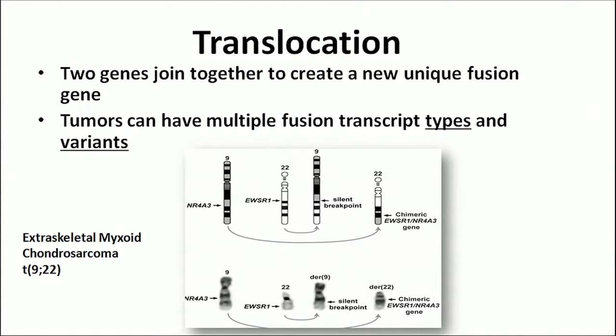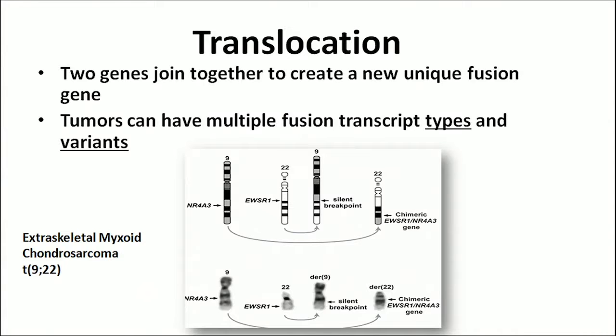One of the really important things that can happen in a soft tissue tumor, and in some cases these are disease defining and in some cases not, are translocations. This is where we take parts of two different chromosomes and recombine them.